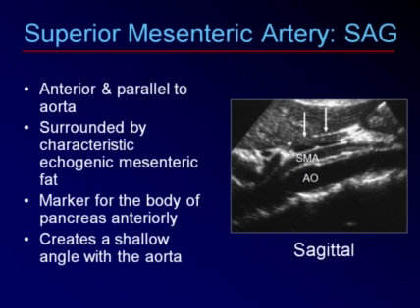That superior mesenteric artery has an echogenic border around it because of the mesenteric fat that surrounds it. In front of that is the splenic vein, and in front of that is the body of the pancreatic gland. Now, through this shallow acute angle of the superior mesenteric artery and aorta, the left renal vein has to pass over the aorta.